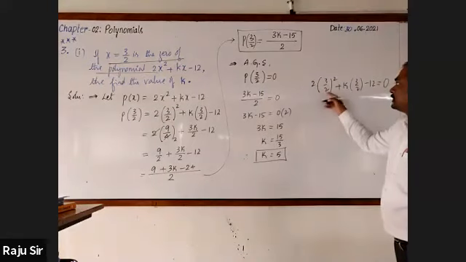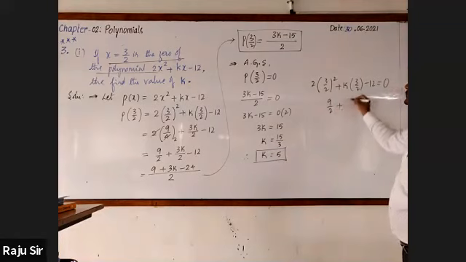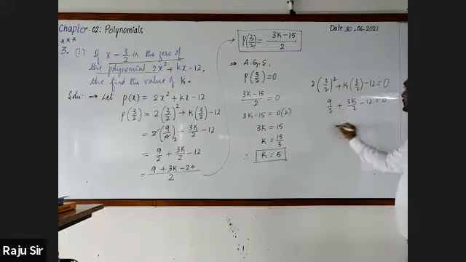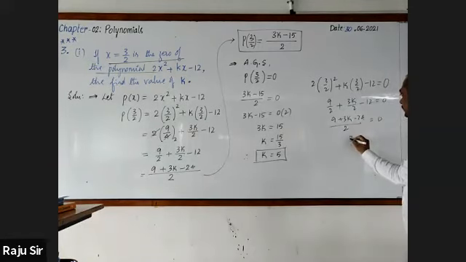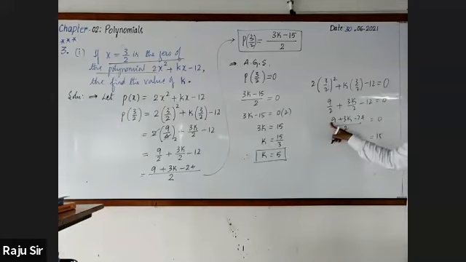It is 4. 1s are 2, 2s are 9 by 2 plus 3k by 2 minus 12 equal to 0. And 2 is the LCM. 9 plus 3k minus 24 equal to 0. Then 3k is equal to minus 24 plus 9, minus 15, on cross multiplying 2 to the right hand side, 0. Minus 15 transfer to the right hand side becomes plus 15. k is equal to 5. That's all.